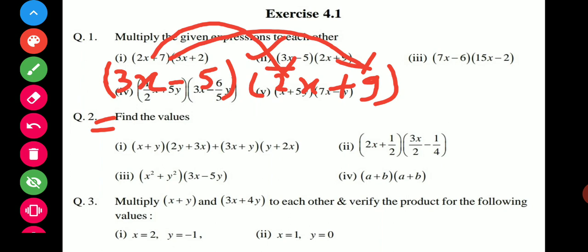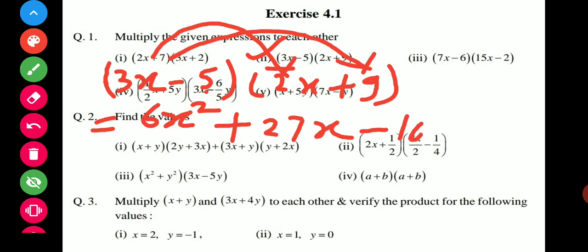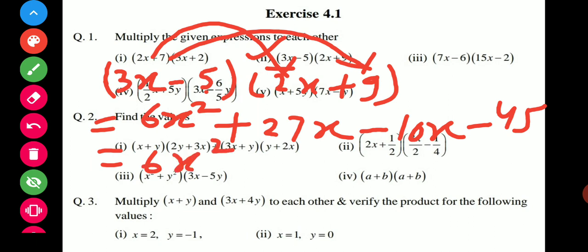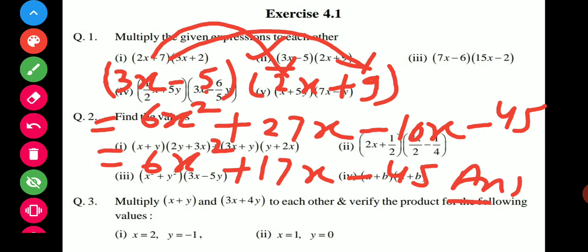So you can write here 3x into 2x, that is 6x square, plus 3 9 ja 27 of x, here is minus, so minus 5 2 ja 10 of x, and minus 5 9 ja, it's minus 45. Now 6x square plus 27x and minus 10x becomes 17 of x and minus 45, that is your answer.